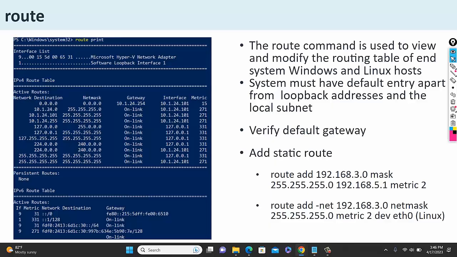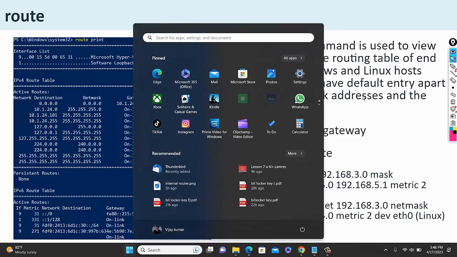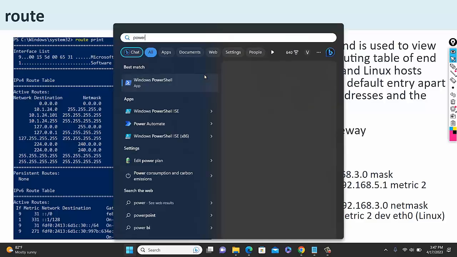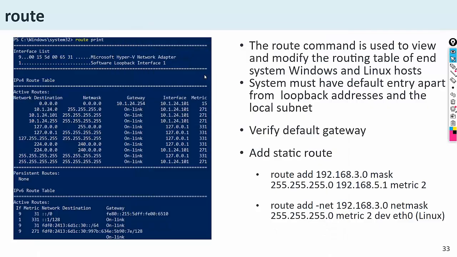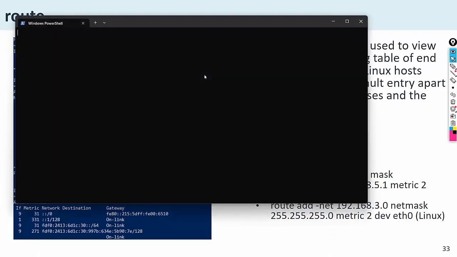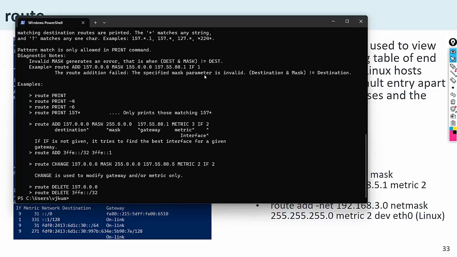So yes, inside your computer there is also a routing table. For example, when you open PowerShell, inside the PowerShell you need to run the route command.